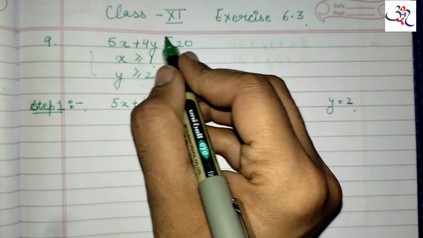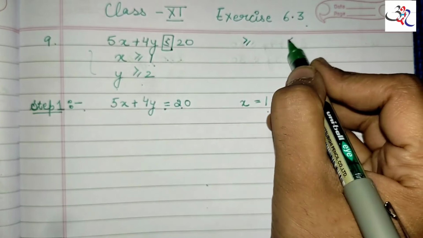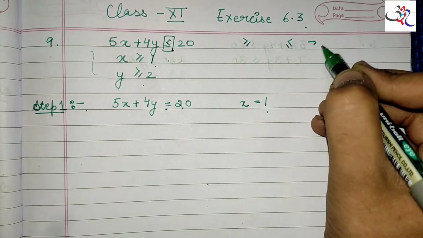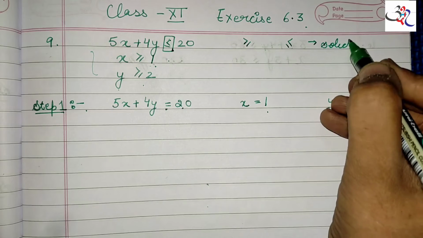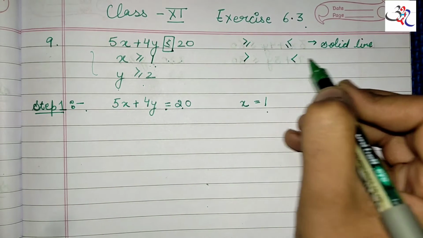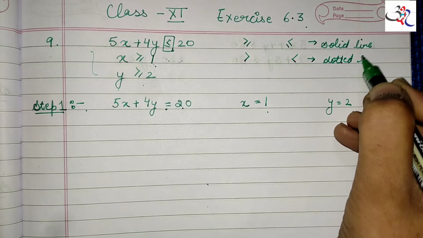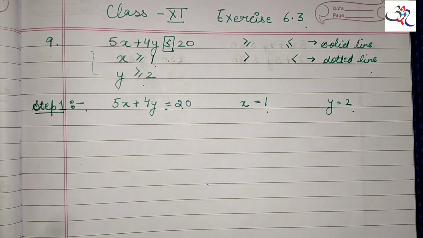Next, you have to decide: if the symbol is greater than or equal to or less than or equal to, then you have to plot solid lines on the graph, and if the greater than or less than symbol is there, then you have to plot dotted lines on the graph.